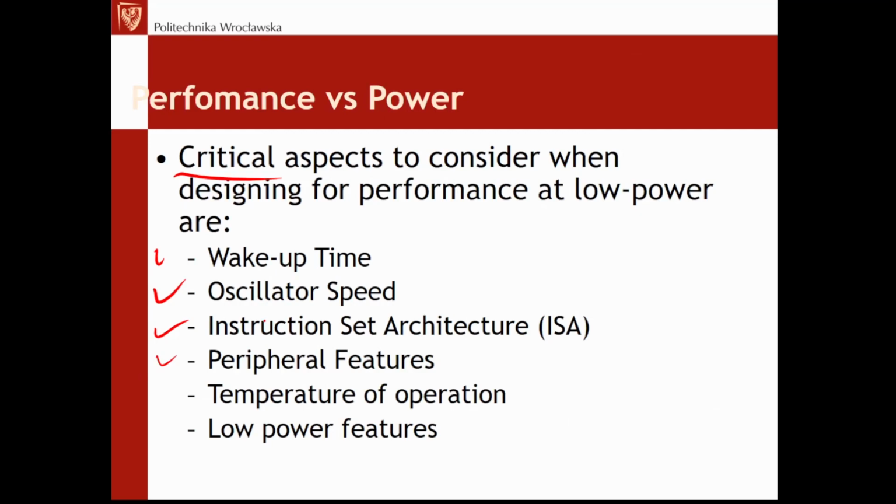So what kind of peripherals we choose in our design: is it better to use, for example, a parallel connection, or SPI, or I2C, or a certain type of ADC? This also matters at a certain level very much.